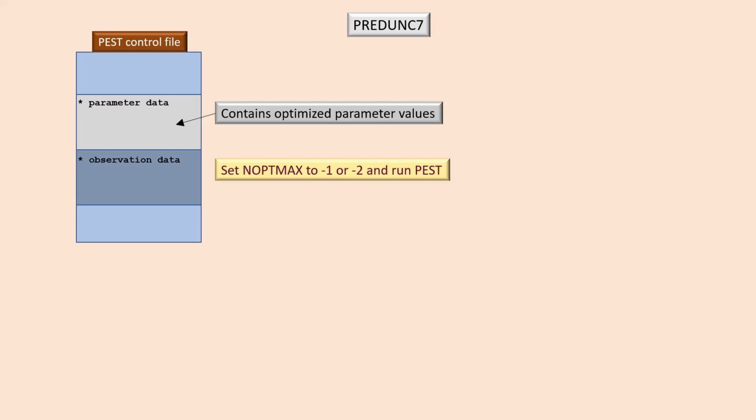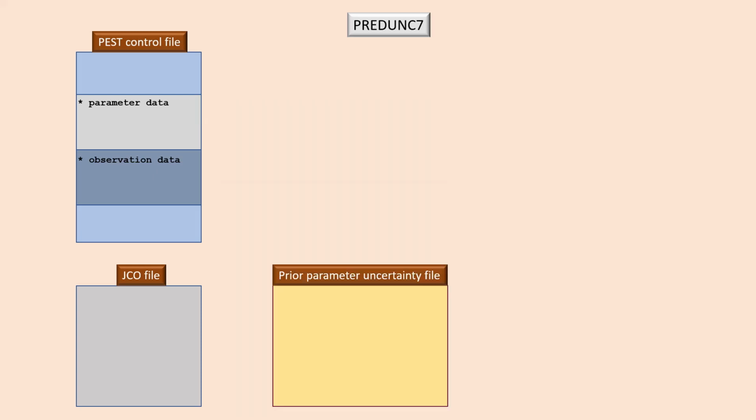So suppose once again we have a PEST control file and that this PEST control file contains optimized parameter values. We set nopmax to -1 or -2 and run PEST to calculate a JCO file based on optimized parameters. We then prepare, in ways that are described in the PEST manual, a prior parameter uncertainty file.